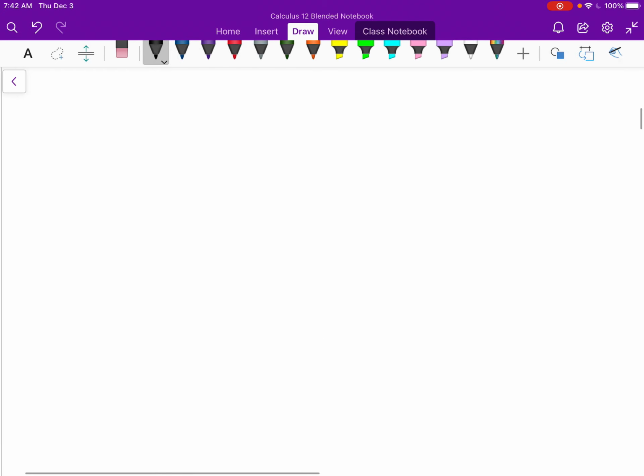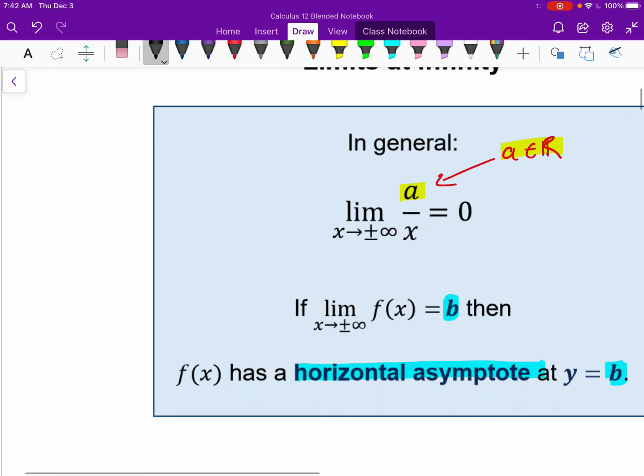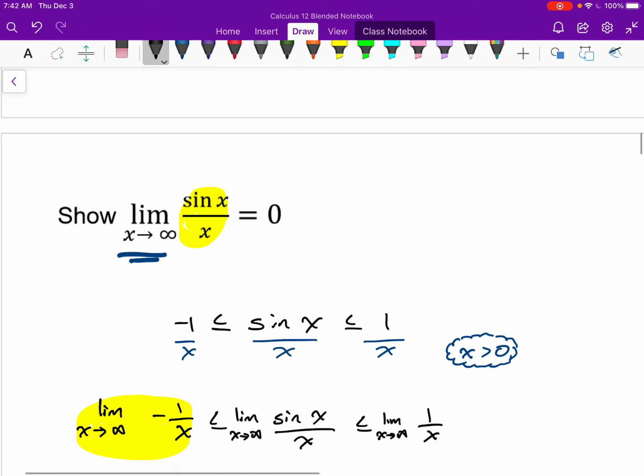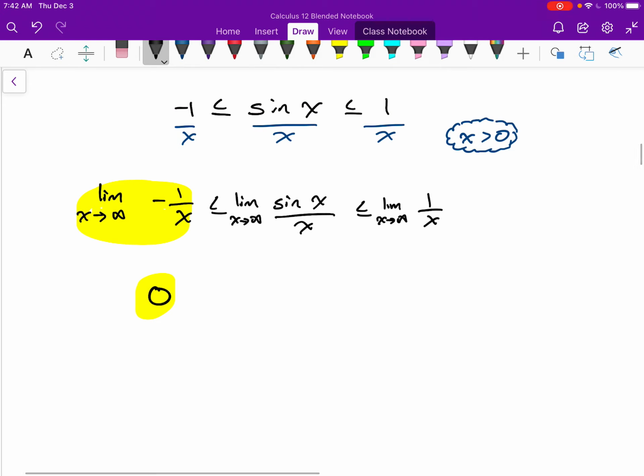And again, that's what was stated right up here. A can be any real number. The limit of any real number divided by x as x approaches infinity or negative infinity always equals 0. In this case, my a value you can think of as being -1. Or even better, just realize you're taking -1 and dividing by massive numbers. You're getting closer and closer to 0. So hopefully you can see how this is going to finish off.